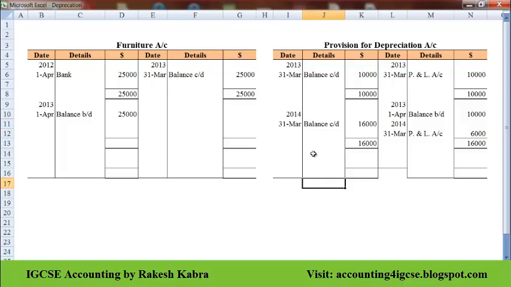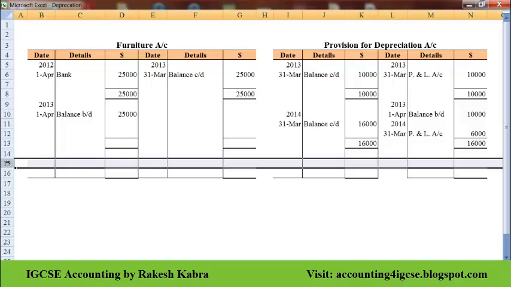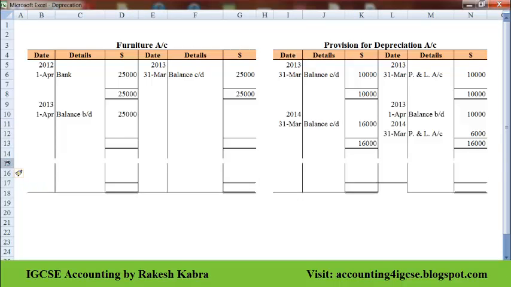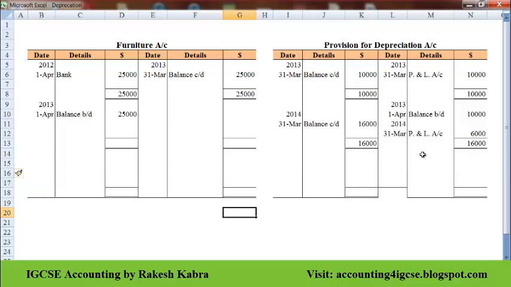Understood? Now this balance I will transfer on the credit side. Next year will be 2014 April 1st, so I will bring forward this balance, 16,000.